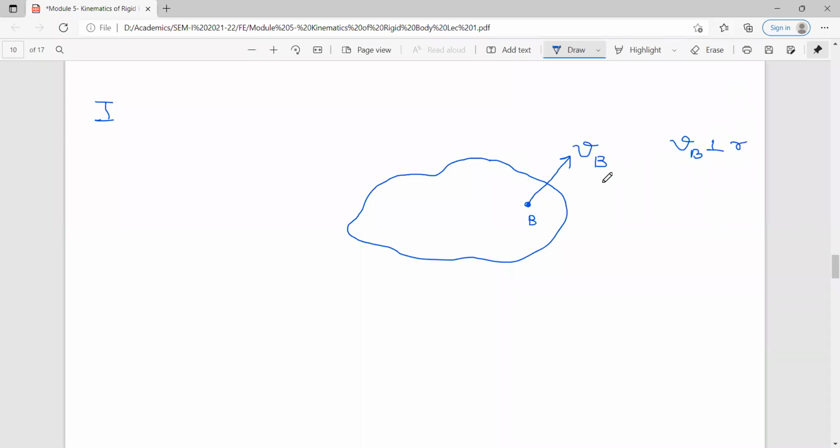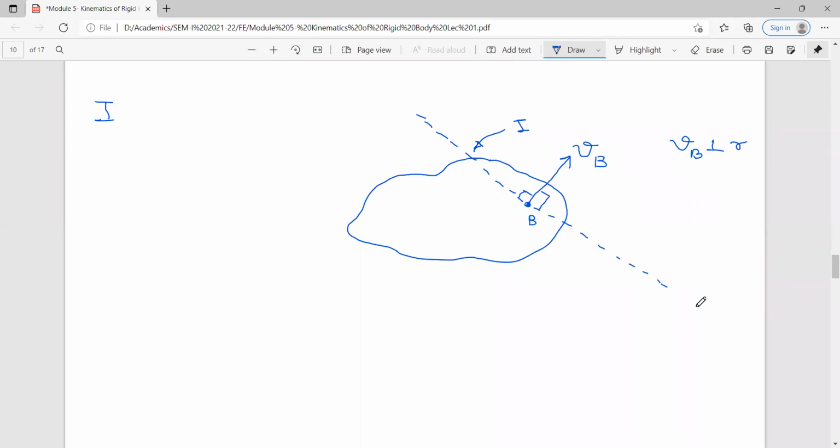So what we will do? We will draw a perpendicular to the velocity, and we say that the ICR should be on this line. Exactly where it is, we do not know yet, and you also do not know whether the ICR will come upward or downward. It can also come on this side, because it is also the 90-degree line.